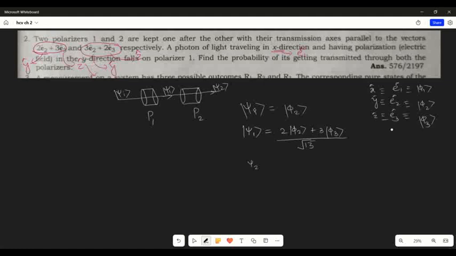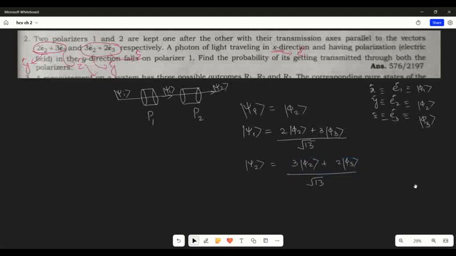The transmission axis for polarizer 2 can be written as 3 phi 2 cap plus 2 phi 3 cap divided by root 13, the normalization factor.